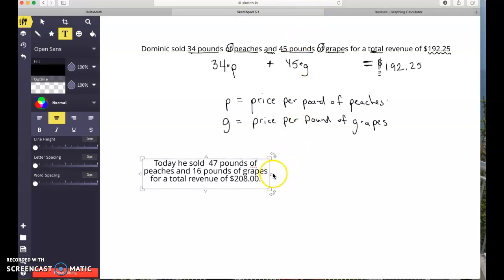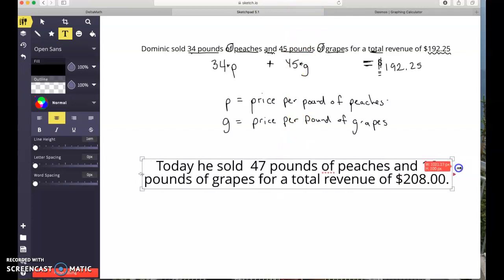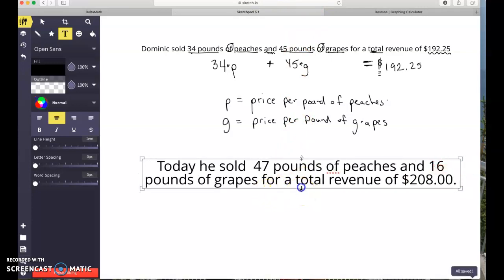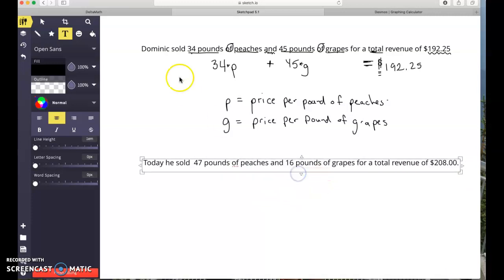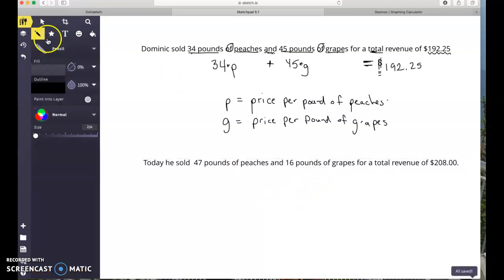All right, so same deal. I'm going to expand this out so it's just one line. And it's definitely easier to go through and underline numbers and circle keywords.